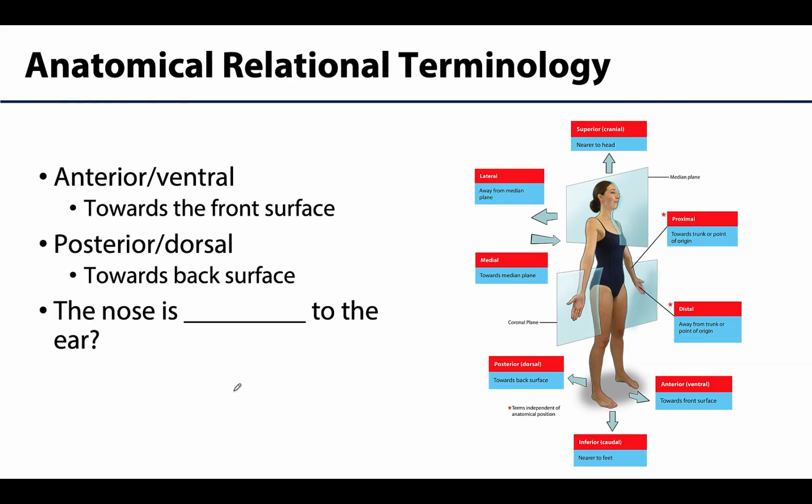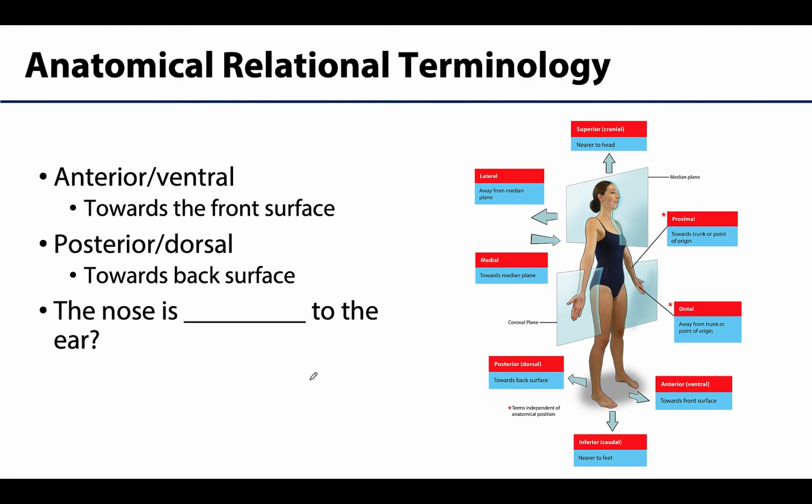Now moving on to anterior and posterior, sometimes traditionally referred to as ventral and dorsal. Anterior means more towards the front of the body, whereas posterior means towards the back of the body or the back surface. So, if I were to say to you, the nose is what to the ear?